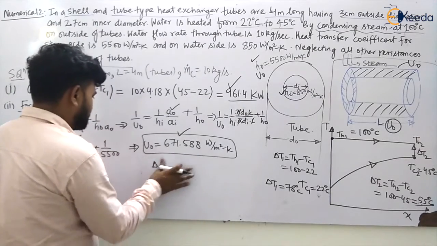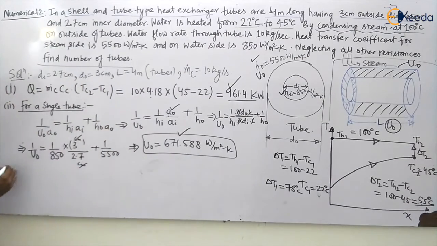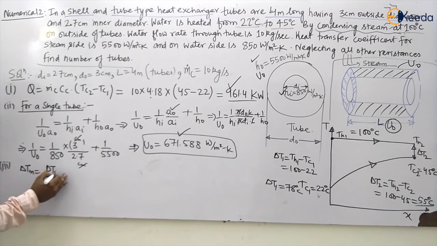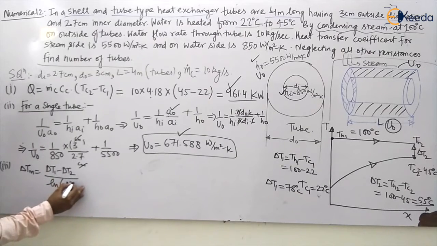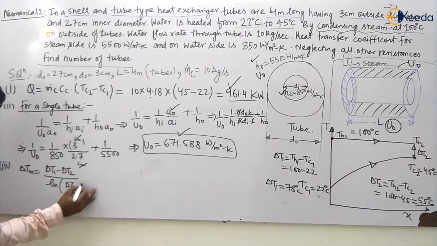Let us take the third one: delta Tm, my dear students. Delta Tm will be given by delta T1 minus delta T2 divided by ln of delta T1 divided by delta T2. Good.